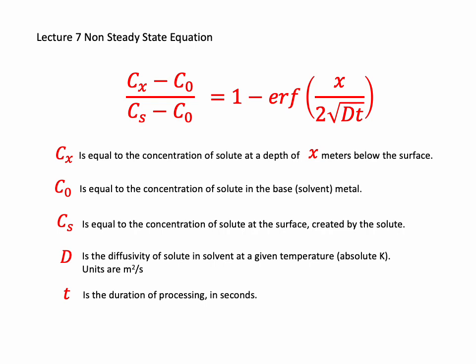C sub x units are weight percent carbon. X units are in meters. C0 is the base concentration of the steel. C sub s is the concentration at the surface. D is the diffusivity at whatever the temperature given. And t is the time in seconds.